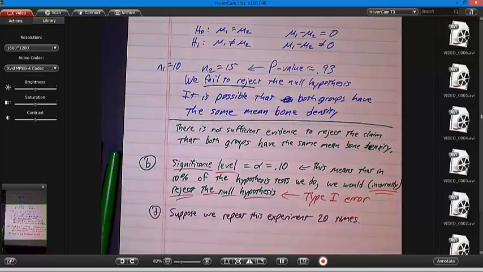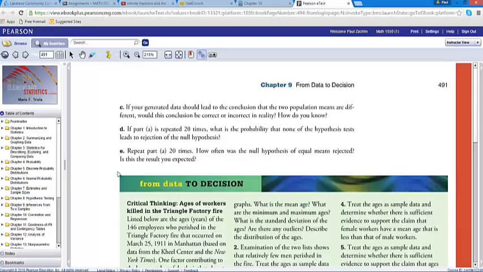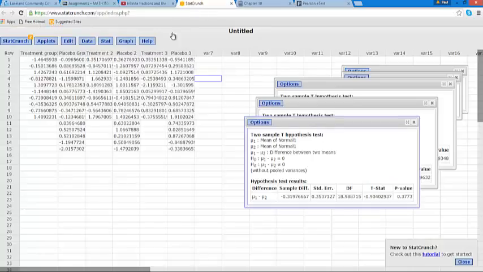Now again, to be clear, I've done the experiment in StatCrunch 3 times. 3 times I made a treatment group and a placebo group using that random normal with mean 0 and standard deviation 1, and 3 times I computed the p-value, and it was high each time, but this one is not as high as the other ones.